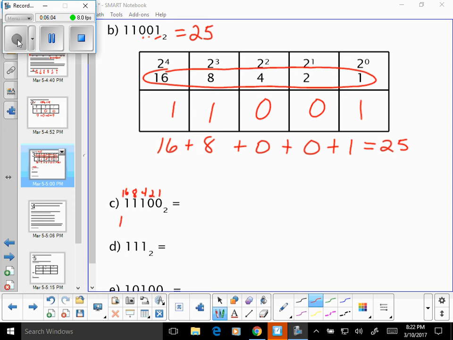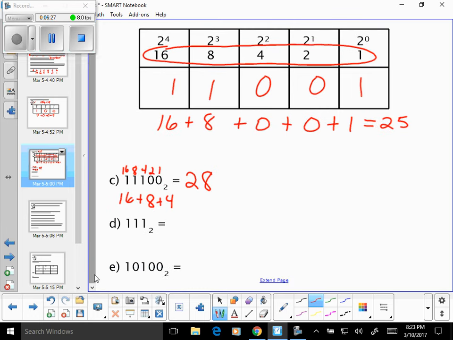So I take 16 plus 8 plus 4. I skip the zeros because they're just going to be 0 anyway. And then I add them up. 16 plus 8 is 24, plus 4 is 28. Or you can think of it as 4 plus 8 is 12, and 12 and 16 is 28.